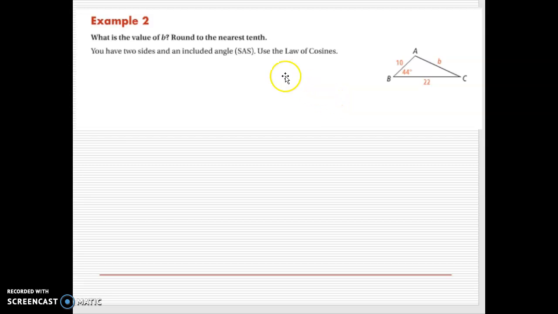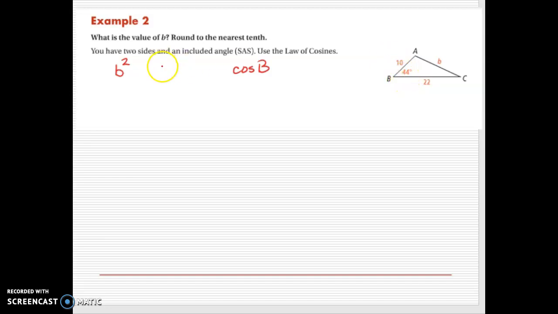Alright, this example, what is the value of b? Round to the nearest tenth. Well, in this case, we have two sides and one angle. So with the SAS, we would use the law of cosines. I have this angle and this unknown, so b squared is going to match up with that cosine b at the end.